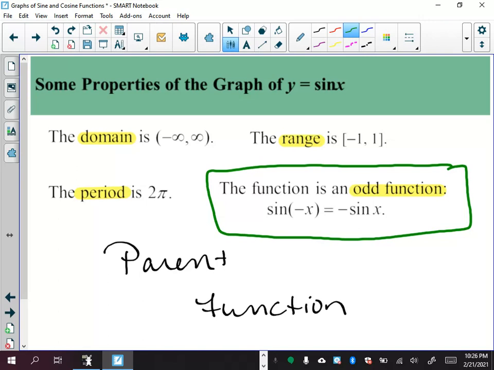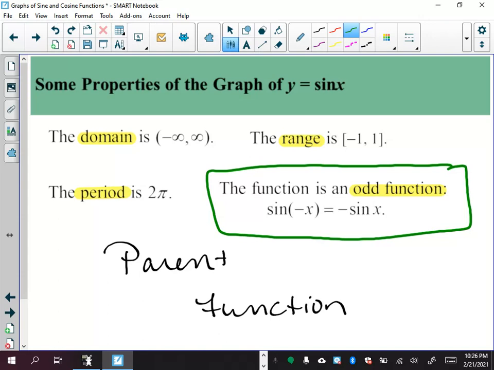However, let's talk about the range. So if you think about your unit circle, and I'm looking at my sine graph, so I'm looking at those y values on my unit circle, my y value starts at 0. And when I'm at 90 degrees or pi over 2, I'm up at 1. And if I keep going around my circle to pi, which is 180 degrees, I'm back at 0.